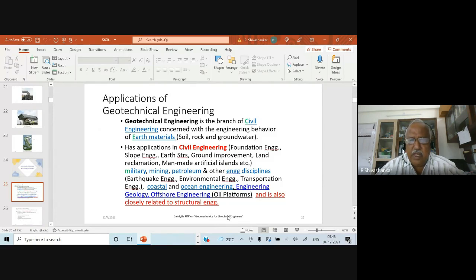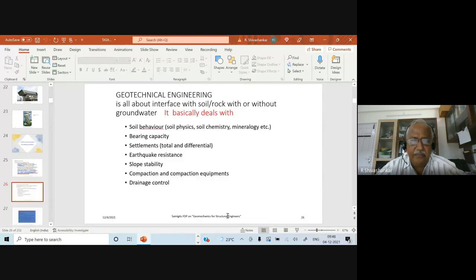Almost every structure on Earth, above Earth, below Earth is supported on soil or rock, and so the load is transferred to soil or rock, and so it has applications in every discipline: military, mining, petroleum, and also in our own other civil engineering branches like environmental engineering and structural engineering.